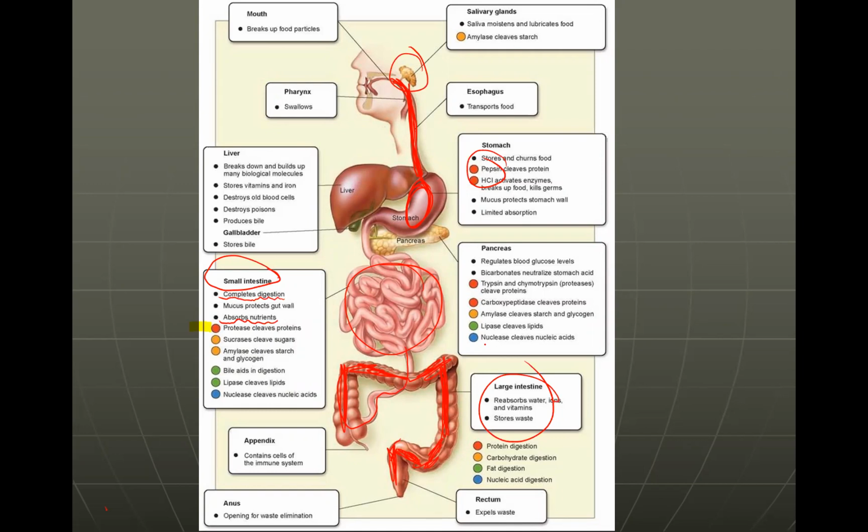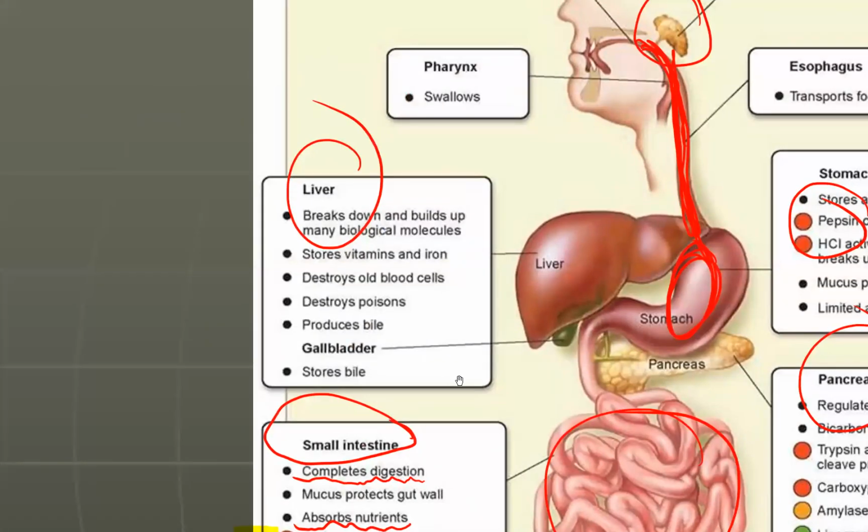We did not talk too much about the organs that help. So, just really quickly, we have the liver and we have the pancreas, and they actually help out in this process. Specifically, the liver makes something called bile, which is stored in this thing called the gallbladder.